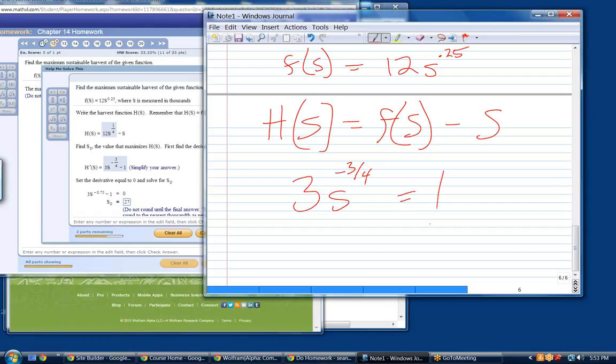Add the constant, divide by the coefficient, and now raise each side to the negative 4/3 power. So it's 1/3 raised to the negative 4/3, and that's 27.